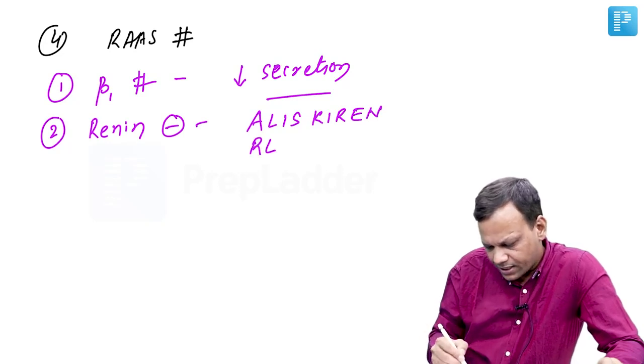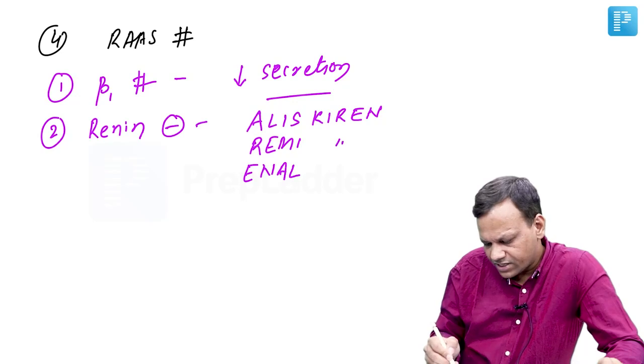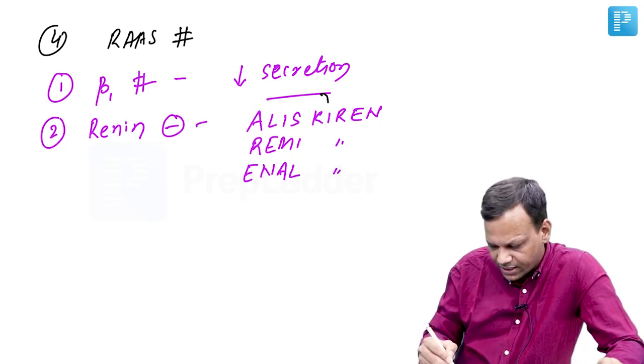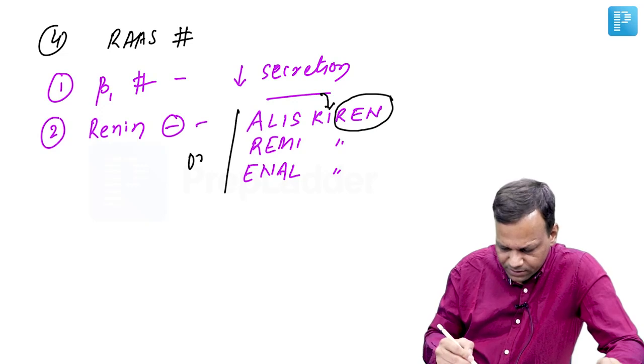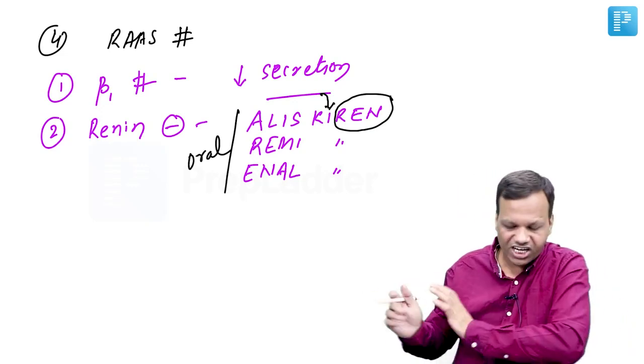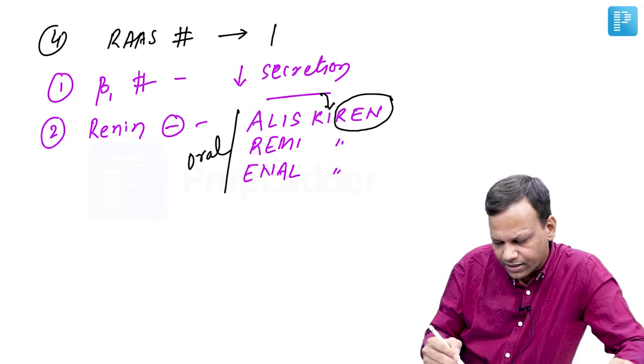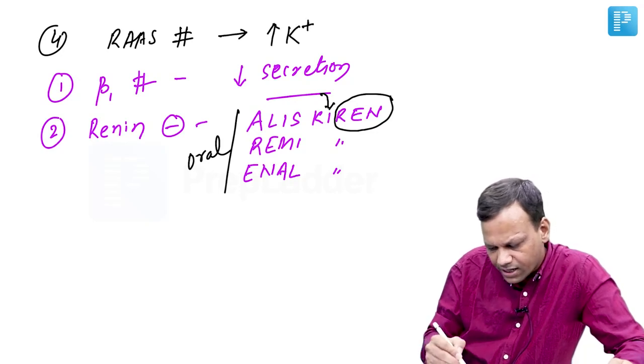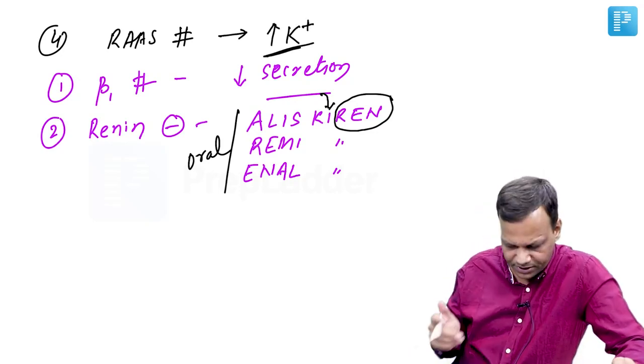Aliskiren, remikiren, enalkiren. Drugs ending with kiren, the name says they will inhibit renin. They are oral renin inhibitors, and all the drugs of the RAS inhibitor group will inhibit the removal of potassium. So all RAS inhibitors can lead to hyperkalemia.